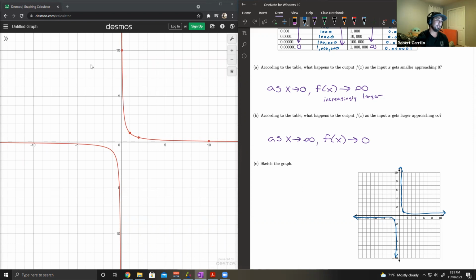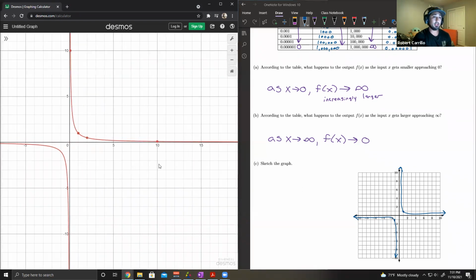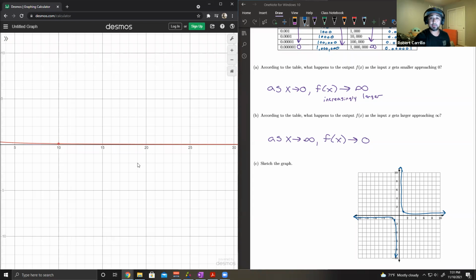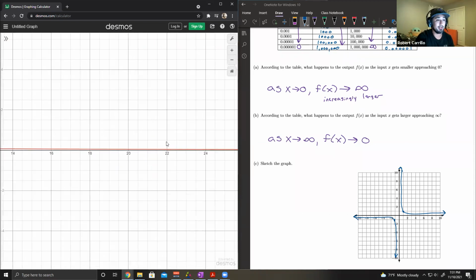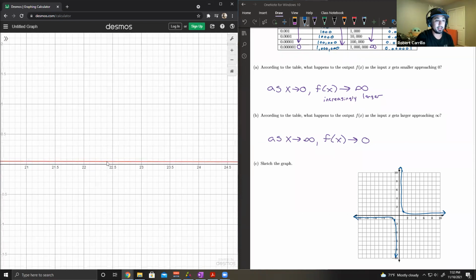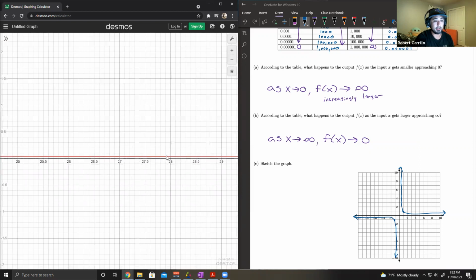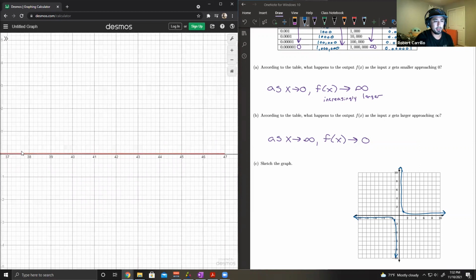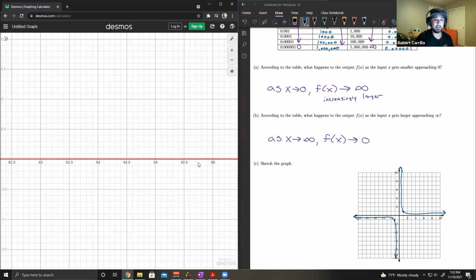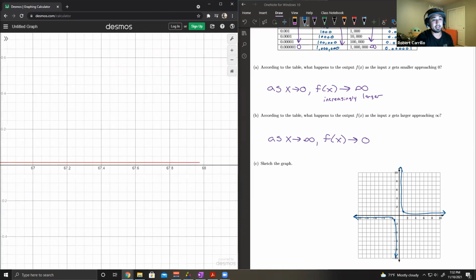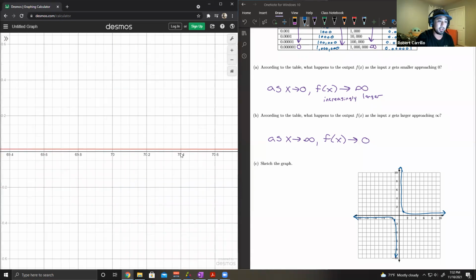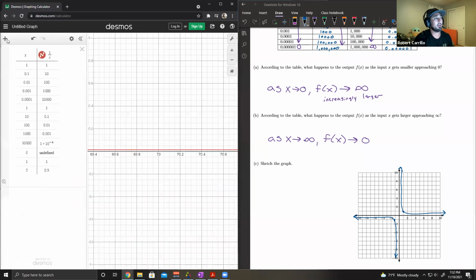Okay. Now, something cool, if you look at Desmos, it looks like our graph is actually touching 0. But if I zoomed in, you would see that we still are not touching 0. So even if I went to a larger number, I probably have to zoom in more. You see that 66, 68, 69, 70, we are still not touching 0. I can't get rid of the table.